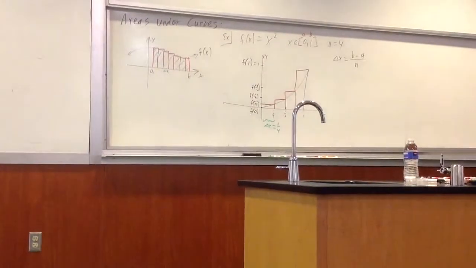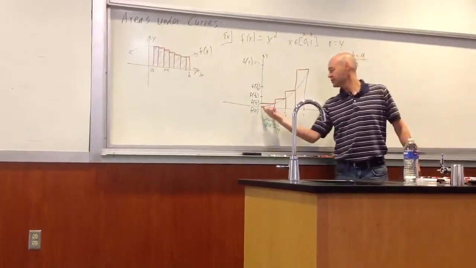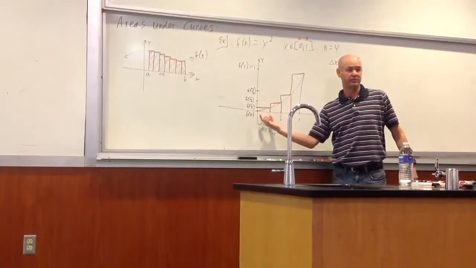So the area of a rectangle, of course, is base times height, or length times width, however you want to say it. In this case, the base is delta x, right?